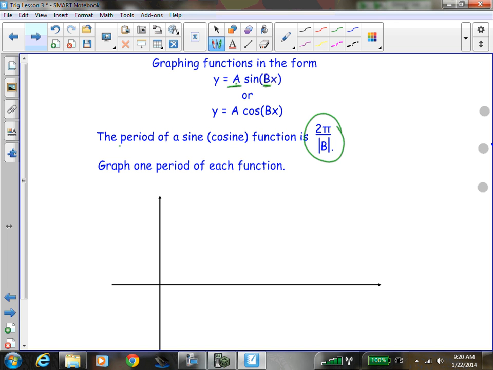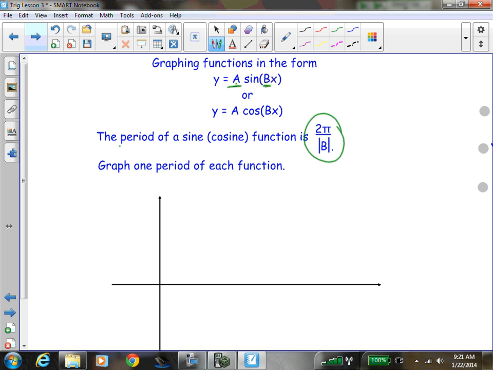I don't know if we'll have one this year, but a lot of times in calculus, we don't actually do so much graphing as we do just taking a derivative. The B value is rarely negative, but to be technically correct, it has to have an absolute value sign on it.